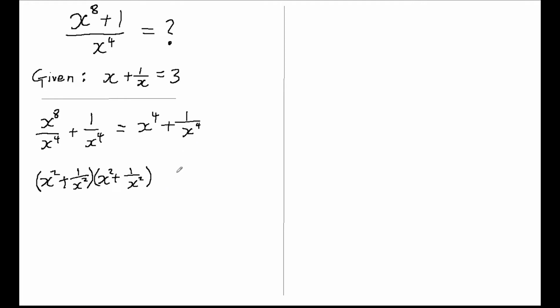That looks pretty good, so let's check it. x squared times x squared is x to the 4. x squared times 1 over x squared is just 1. 1 over x squared times x squared, again that's just 1. And 1 over x squared times 1 over x squared is 1 over x to the 4.